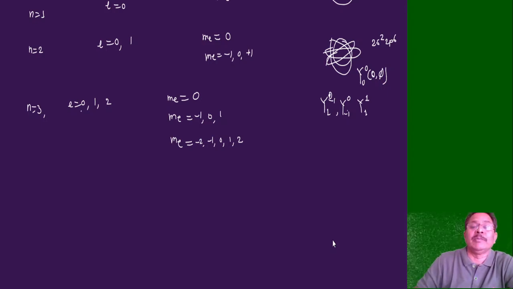So L equal to 0, m equal to 0, that's why we have Y 0 0, this is first.